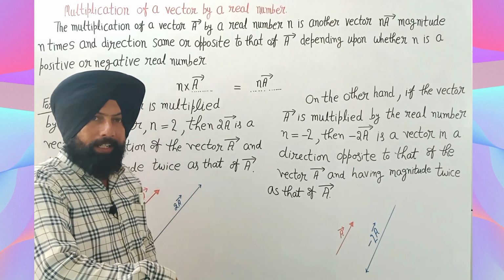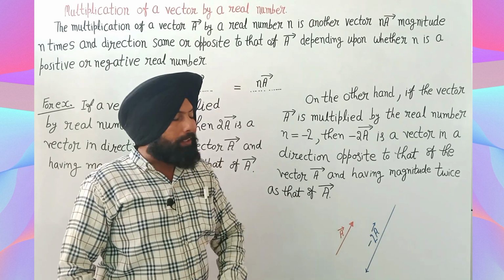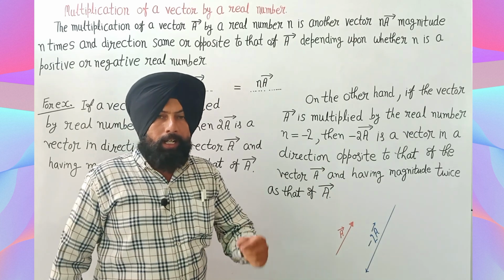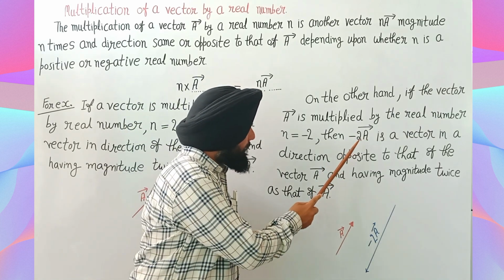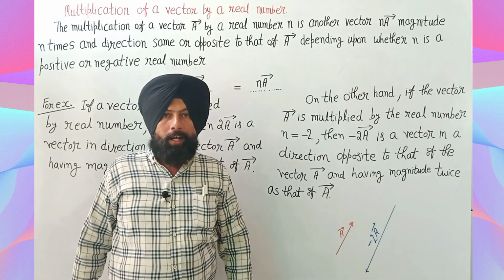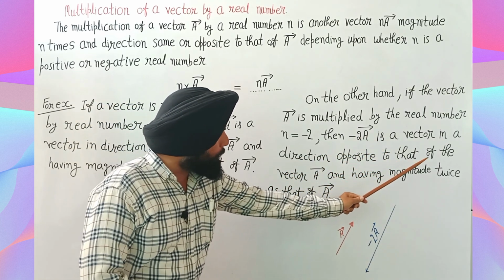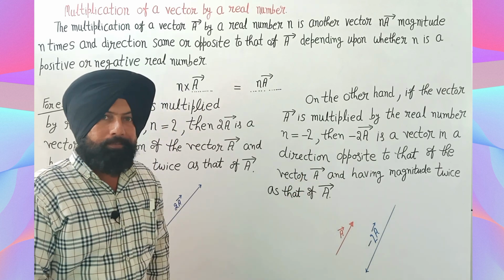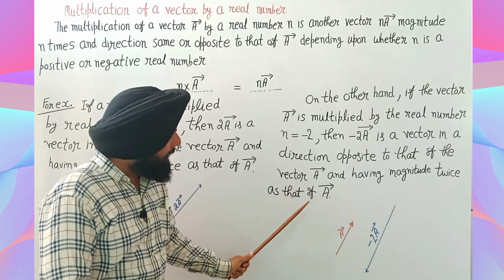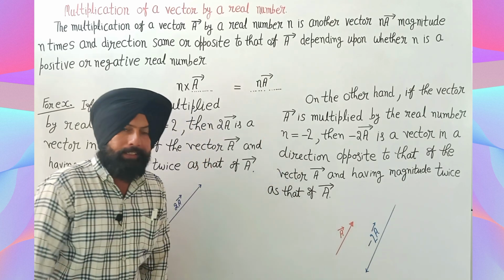On the other side, if I multiply a vector with negative 2, I get another vector, minus 2A vector. It is a vector in a direction opposite to that of vector A and having magnitude twice that of vector A. So look at the diagram, this is the A vector.